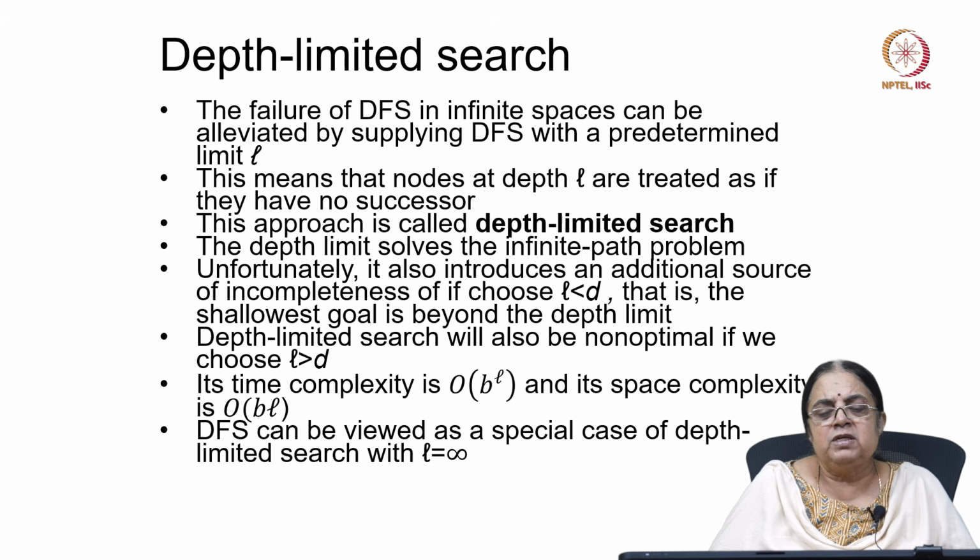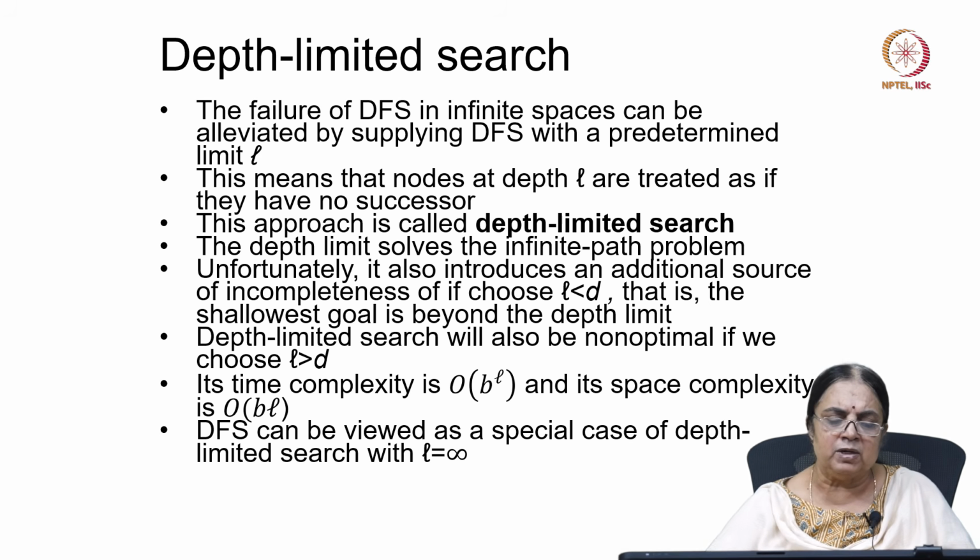When you say depth limited search, again you are choosing a predetermined level L. So again it's just like choosing M. If you take L equal to infinity, it can be viewed as just the depth first search.